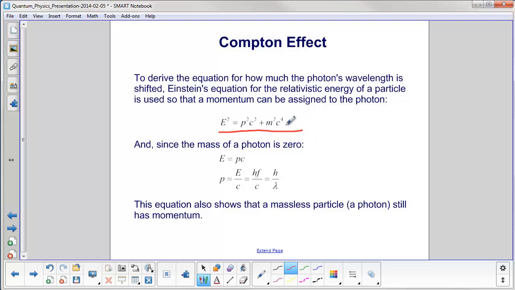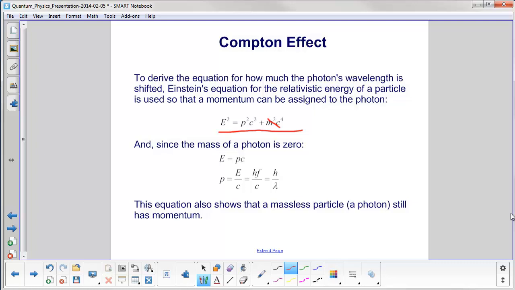It's a massless particle, so this term here goes away, and we take the square root of both sides, and the energy of this photon is its momentum times the speed of light. We divide through by c, we substitute in hf for the energy, and then we replace c over f with lambda, and we find out that the momentum of the photon is h over lambda.